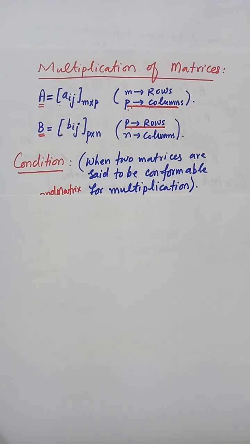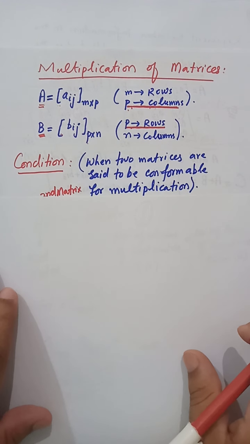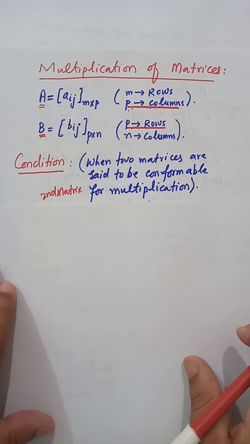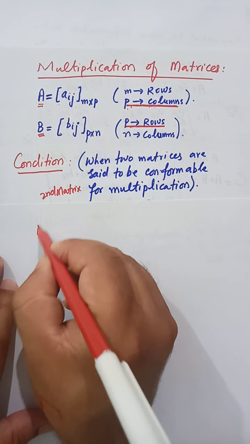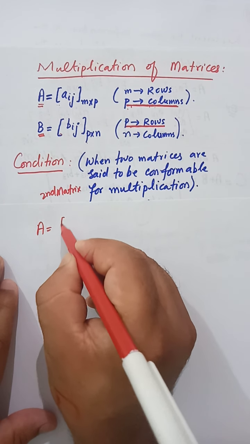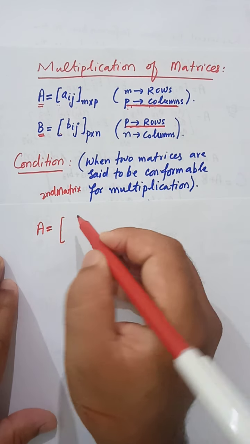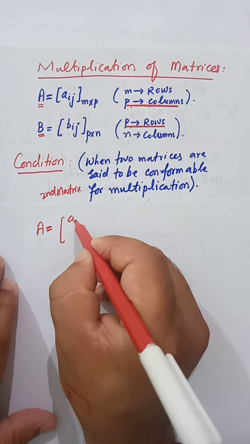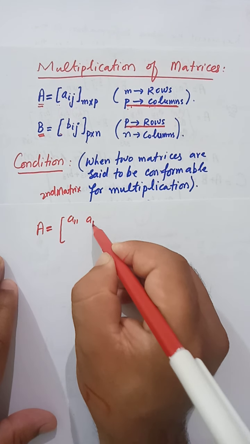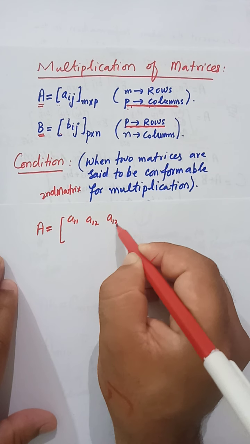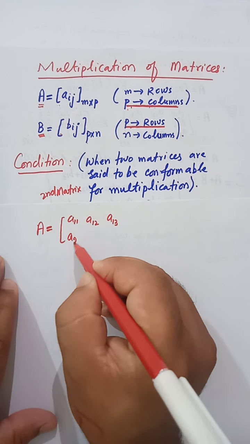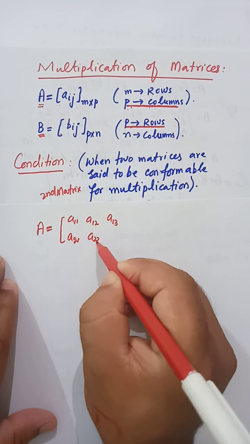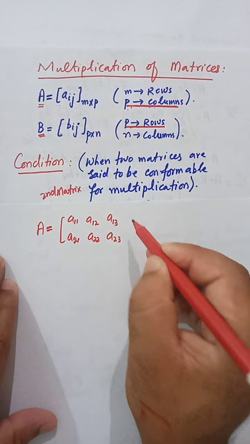I am considering two matrices in general form, and then I will also consider a specific example. Let's say matrix A is A11, A12, A13, A21, A22, A23.